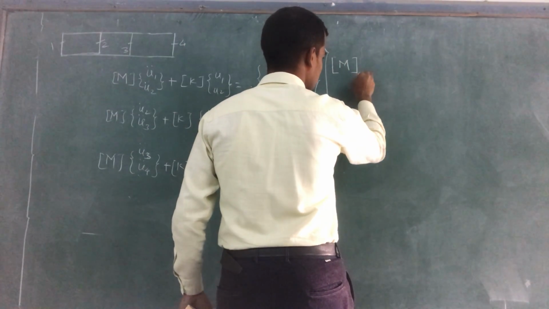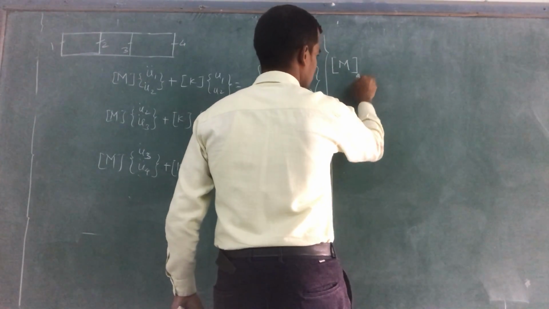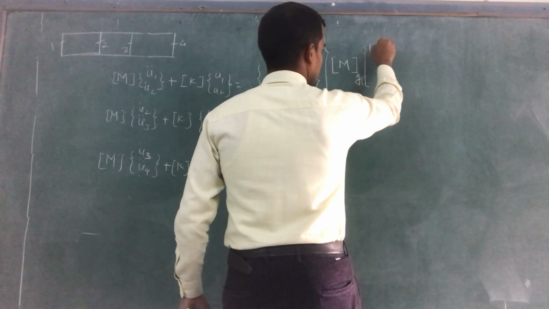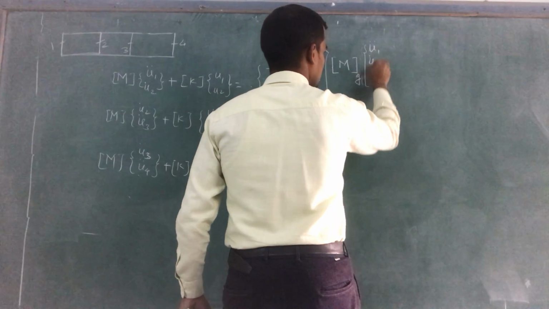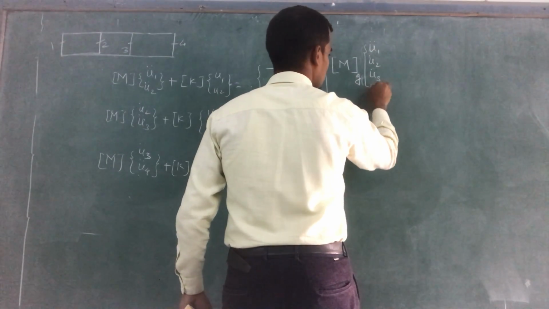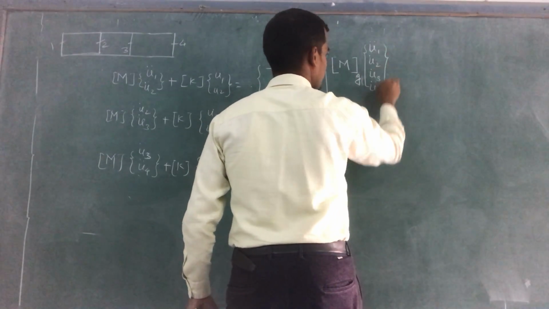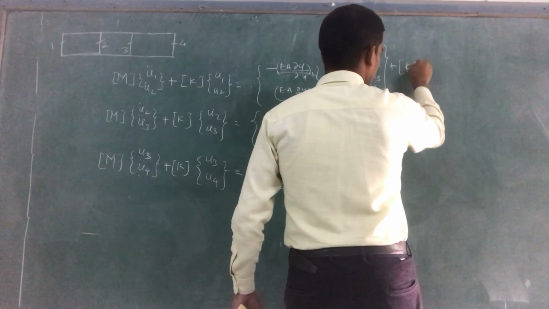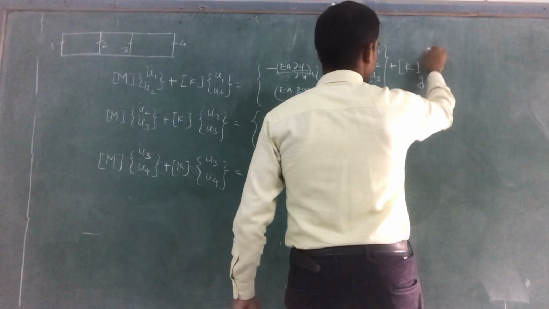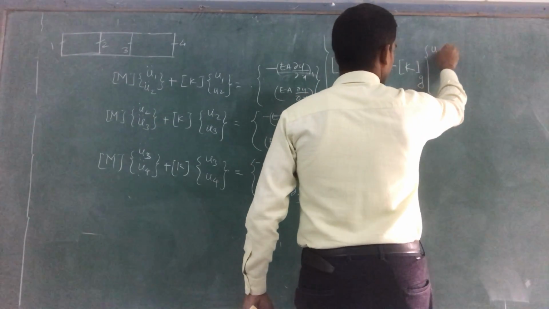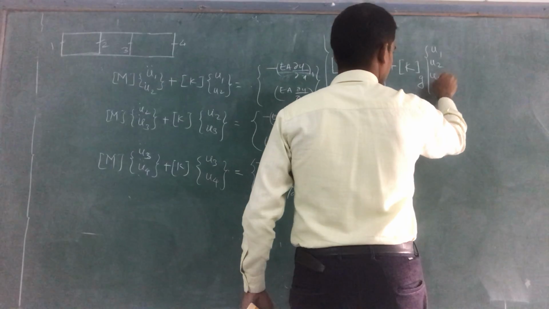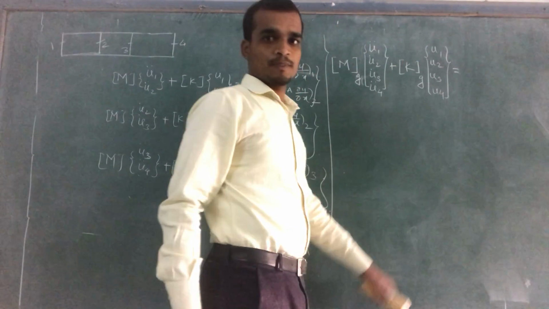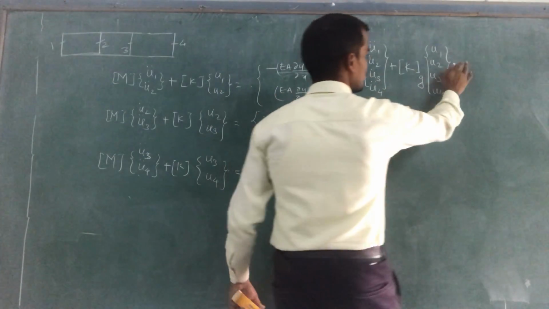Suppose this is the global M matrix times u1 double dot, u2 double dot, u3 double dot and u4 double dot, plus the global stiffness matrix times u1, u2, u3 and u4, is equal to what?